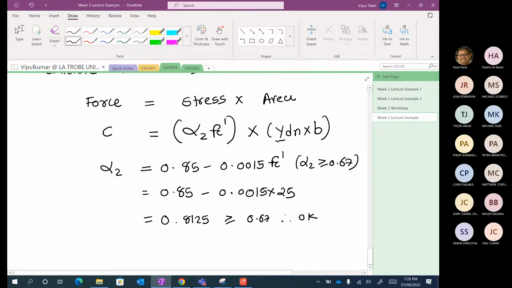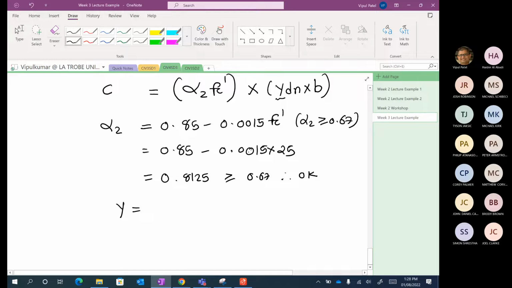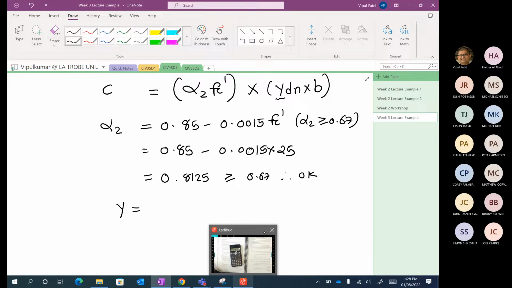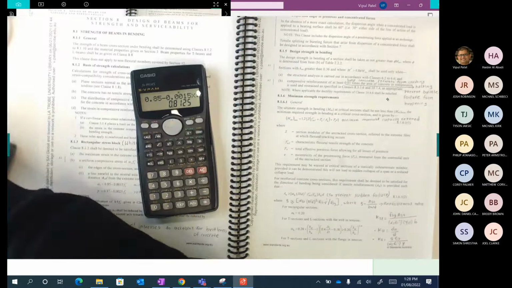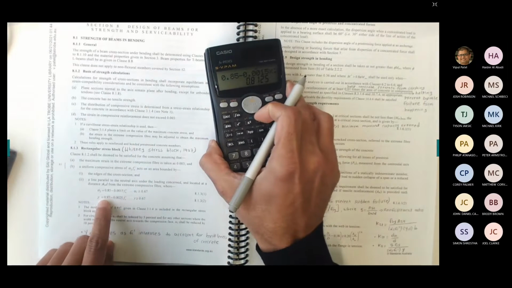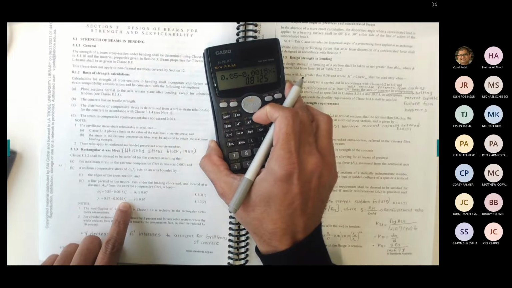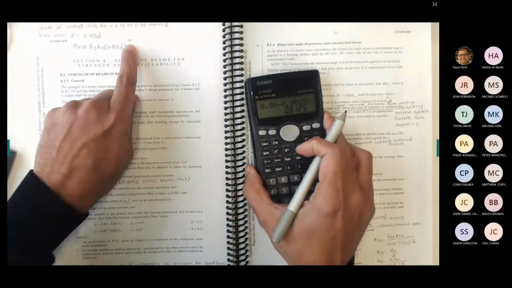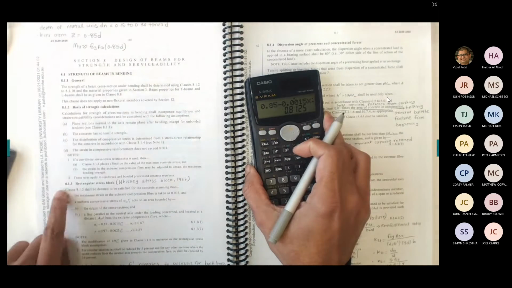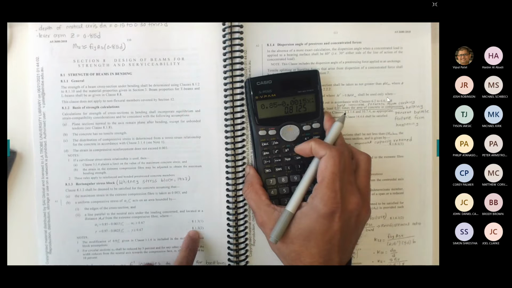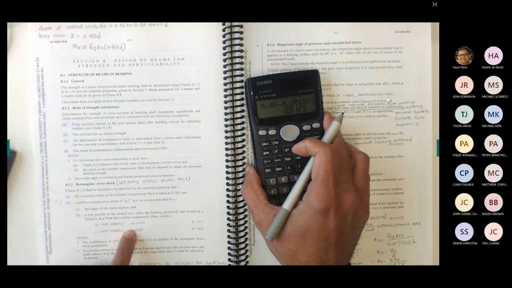Now we can get this gamma as well, on the same standard. Gamma is 0.97 take away 0.025 f'c, by the way, on page number 120, section 8, clause 8.1.3, equation 8.1.3(2). We can copy this equation again.